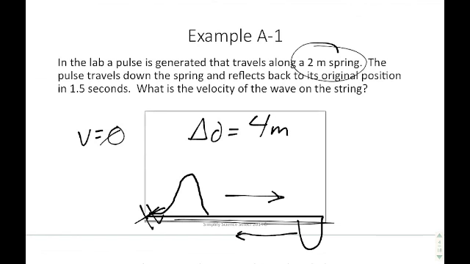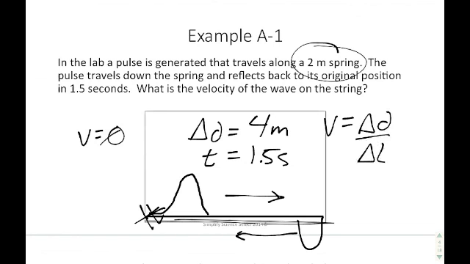So the pulse travels down the spring and reflects back to its original position in 1.5 seconds. So you would say the time is 1.5 seconds. You would use the equation V equals delta D over delta T. And you would say, okay, 4 divided by 1.5, and that gives you a value of 2.67 seconds. Oh, excuse me, meters per second.